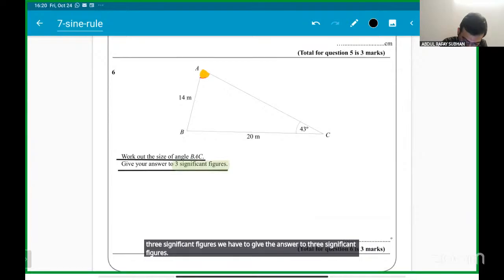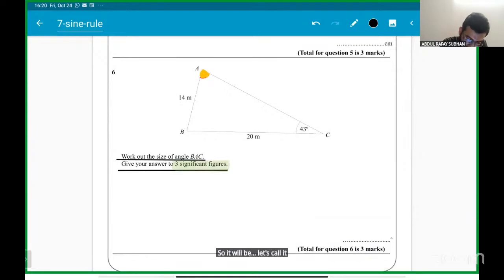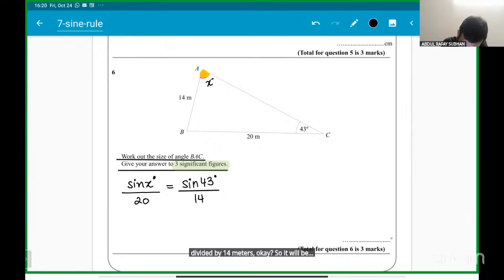Let's call the angle theta, or let's call it x. So it should be sine x divided by 20 centimeters equals sine 43 degrees, since in front of the angle should be the opposite side, divided by 14 centimeters.